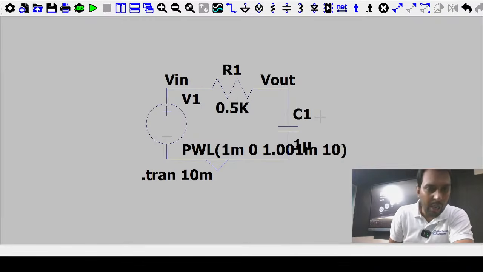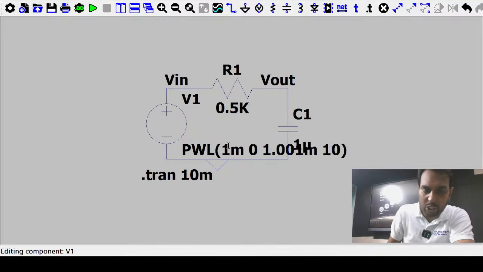What is happening across the output side, and what is done by the capacitor? So I am just changing the input response. Let's think of a case where till 1 millisecond the input voltage is 10 volt.